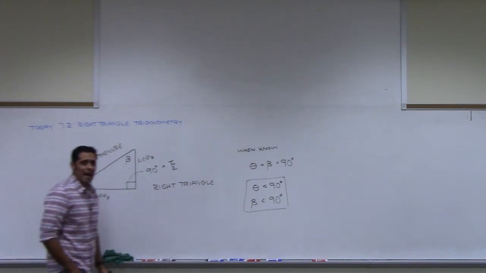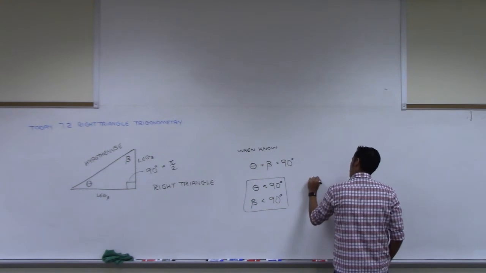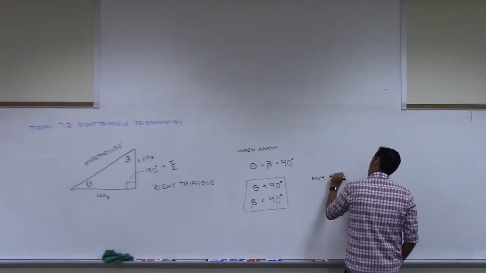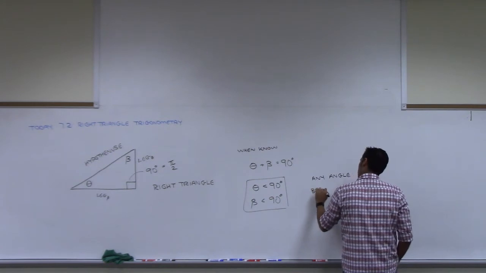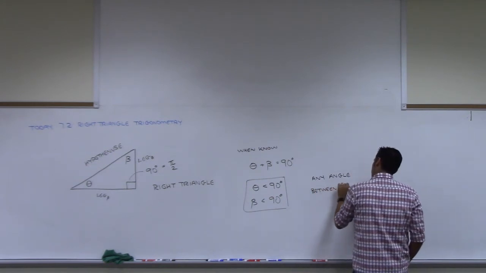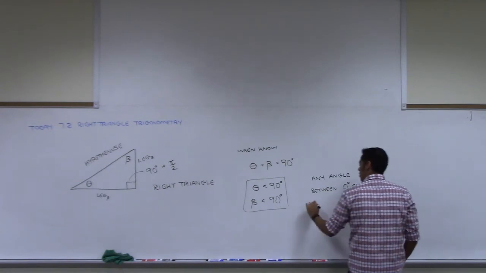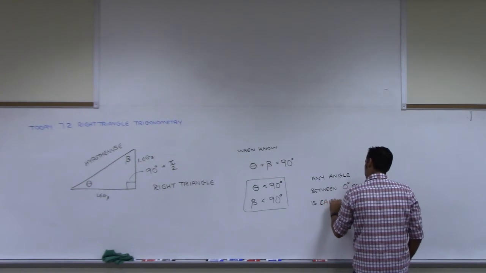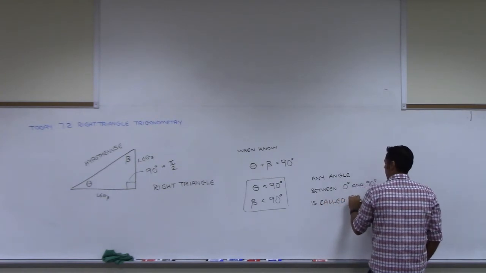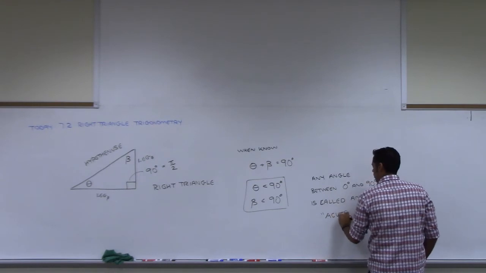So anytime we have any angle between 0 degrees and 90 degrees, it is called what? Have y'all heard this? An acute angle.